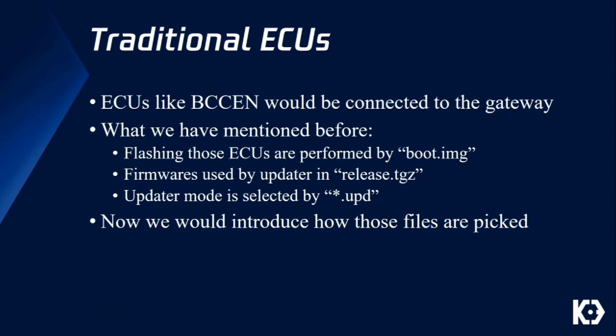They will be connected to the gateway. We mentioned last year, and previously we have also said, that there is an updater called boot image, a zipped file called release TGZ, and the updater mode file called UPD. And now we will introduce how all those files are picked and created.